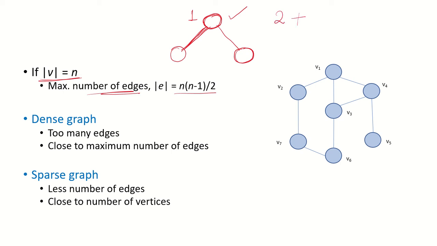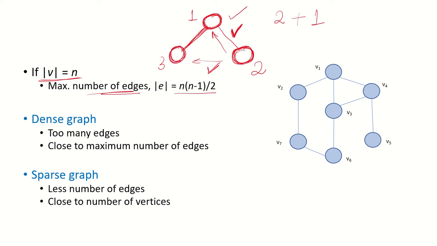Now for this node number 2, again, there is one edge which is connecting it to node 1 and one edge which is connecting it to vertex 3. But the edge to node 1 we have already counted when we were counting the edges for node 1. So we are just considering this edge.